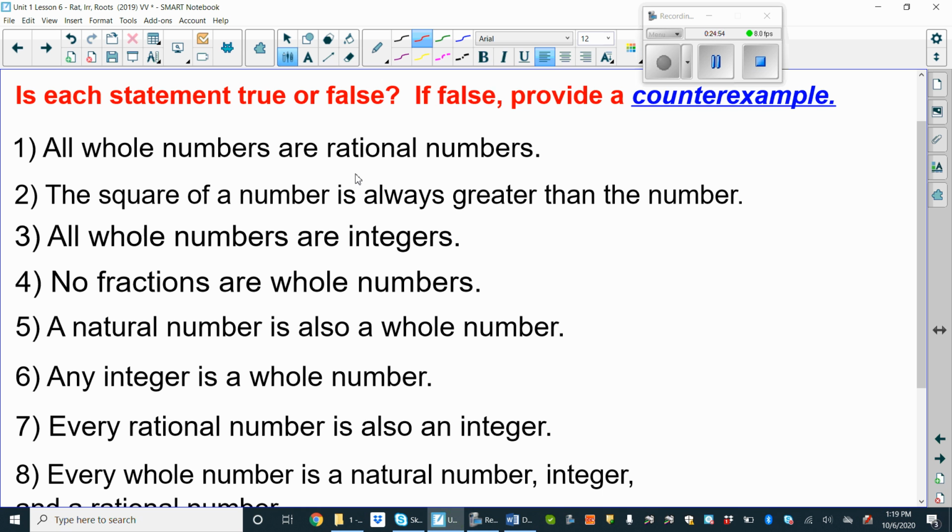So now we are going to go through each statement and state whether it's true or false. And if it's false, we're going to say why and provide a counterexample. For number 1, we have that all whole numbers are rational numbers. If we think about it, our whole numbers are going to be 0, 1, 2, 3, etc. And it's true.